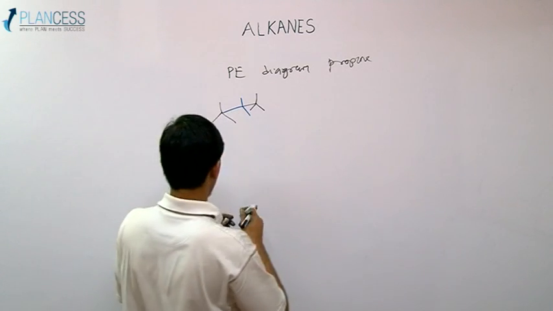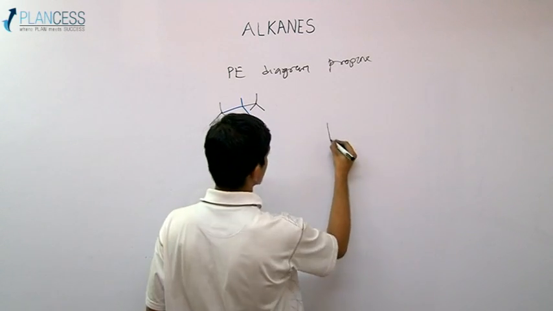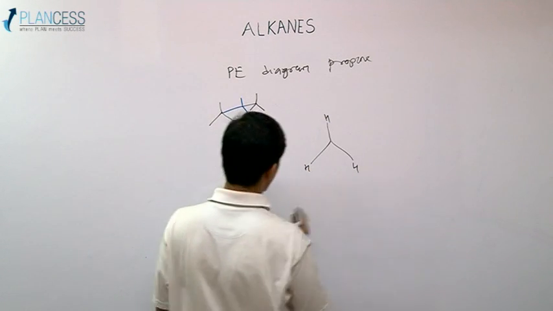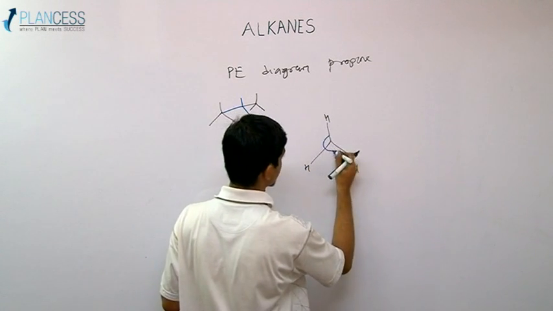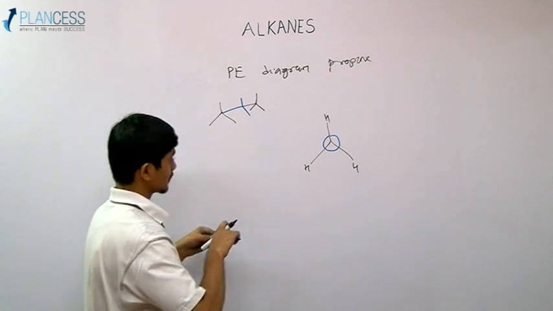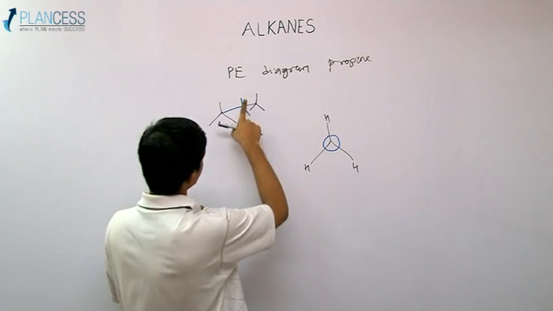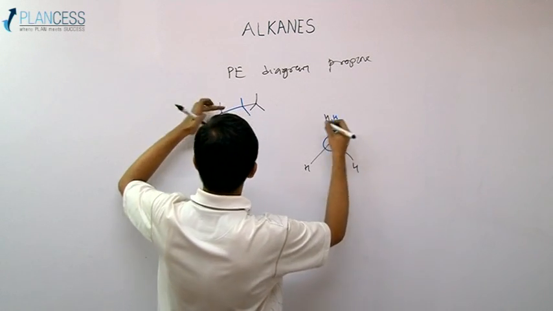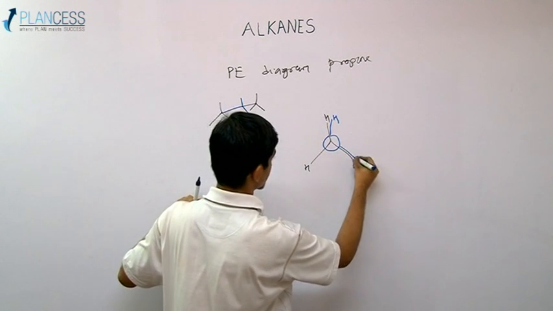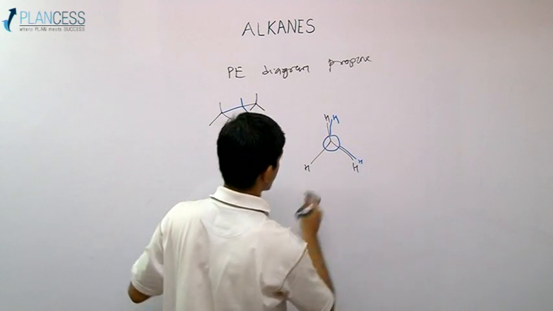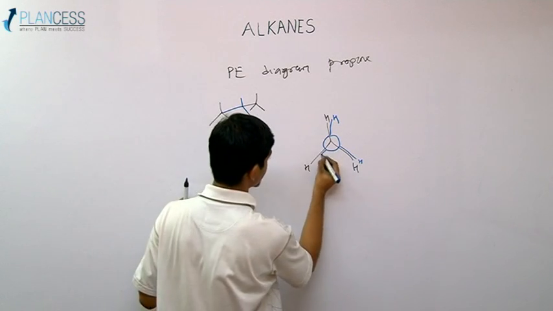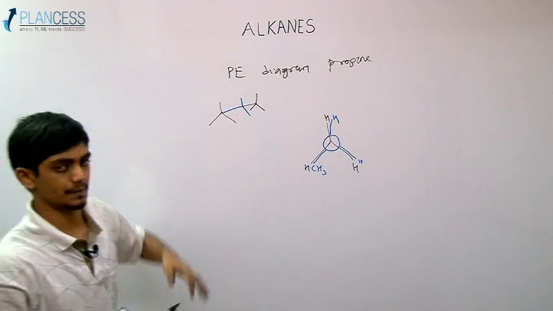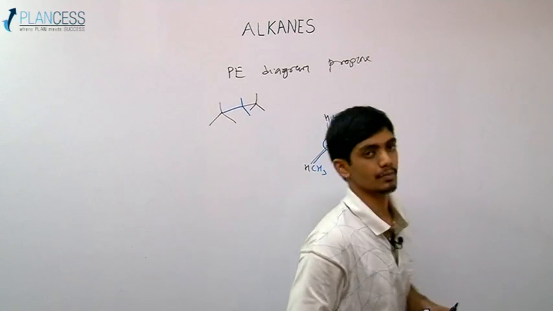So on the front we have 3 hydrogens in black, but on the back we will have some blue color, and this hydrogen matches with this hydrogen. This hydrogen matches with this hydrogen, and we have a CH3 like this. So we have drawn the eclipsed Newman projection for the propane molecule.